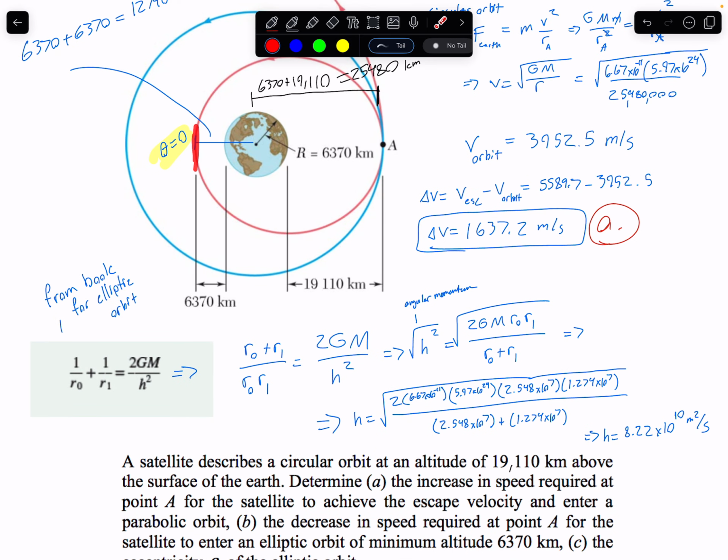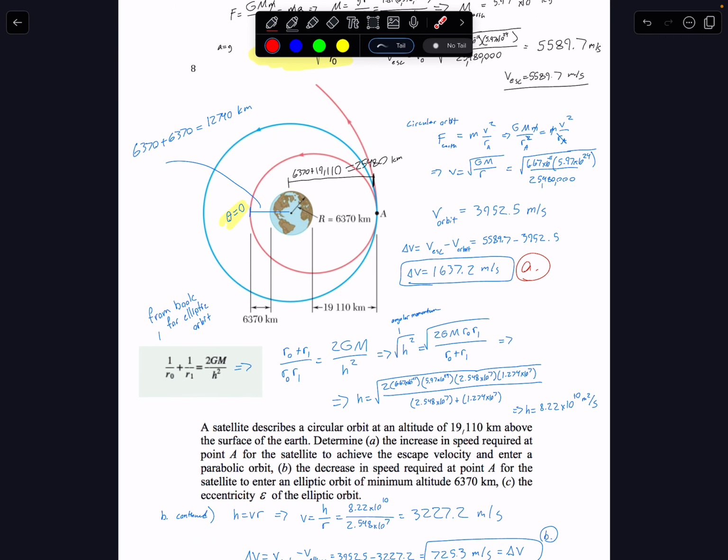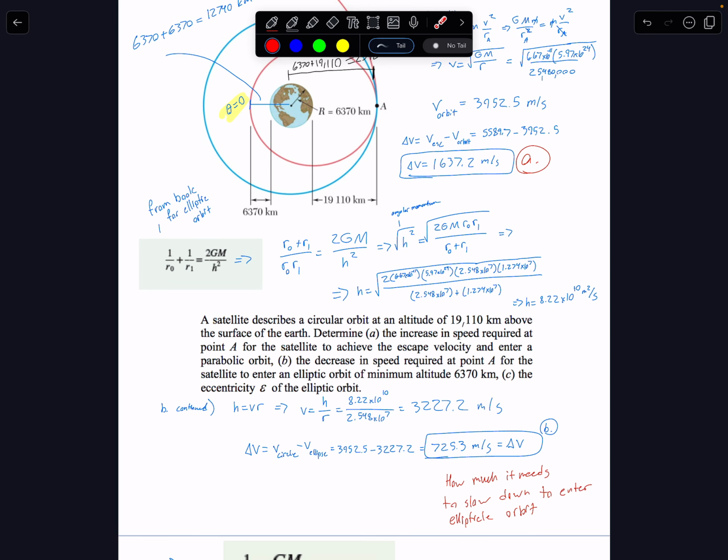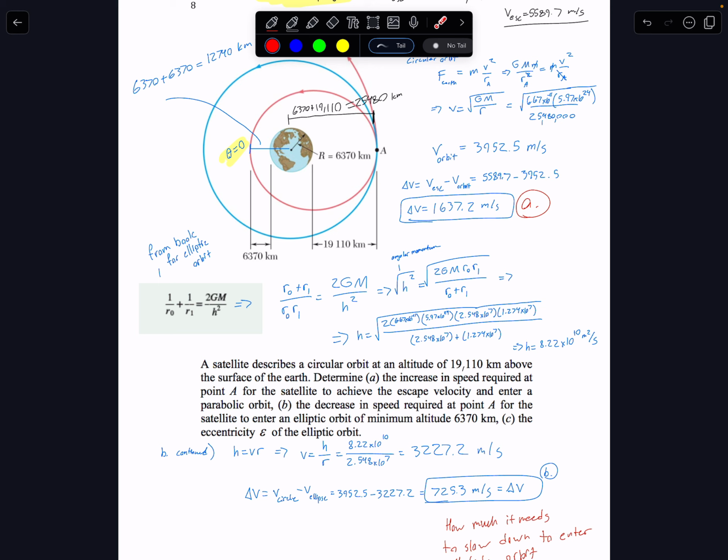And so again, given value from the book here, it's also important to note that R0 is typically the closest end of it, and then this is R1, which ends up being A. But that actually, I don't think really matters. But if we can figure out H, sorry, I just did this.